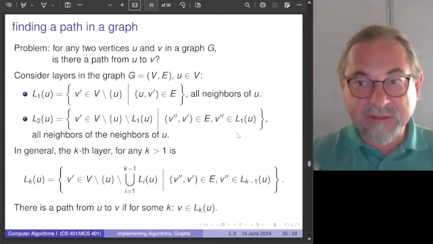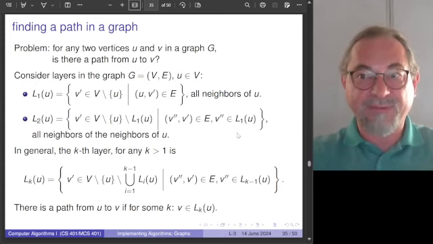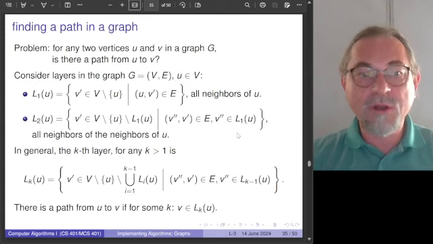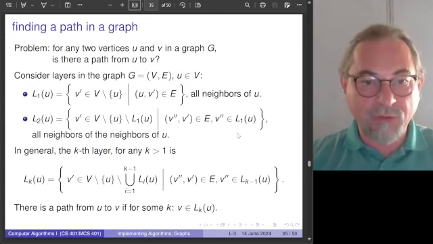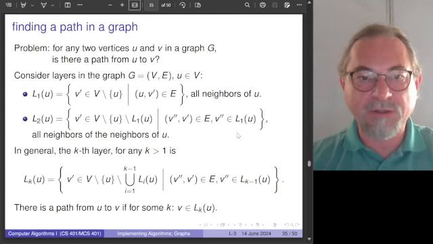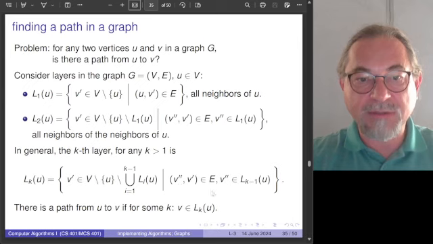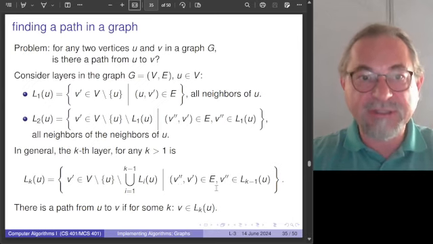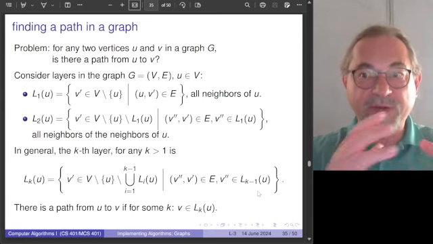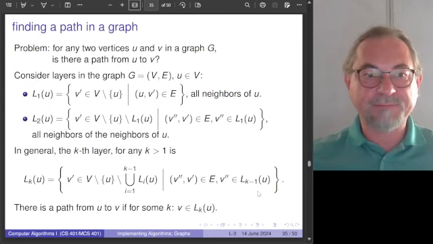So this is a systematic search progressively going farther and farther from the vertex U. We do consider only V primes that we haven't looked at before, and they are connected to V double primes in the edge list of the graph, where V double prime belongs to the layer k-1.